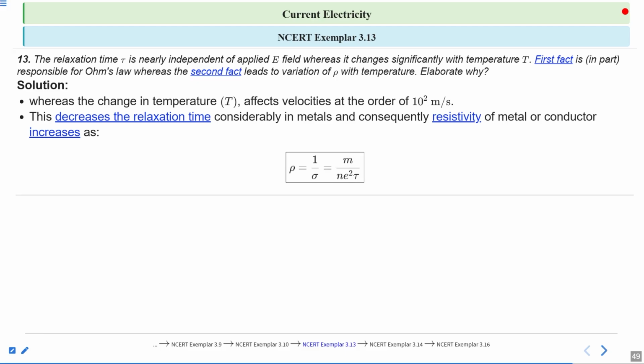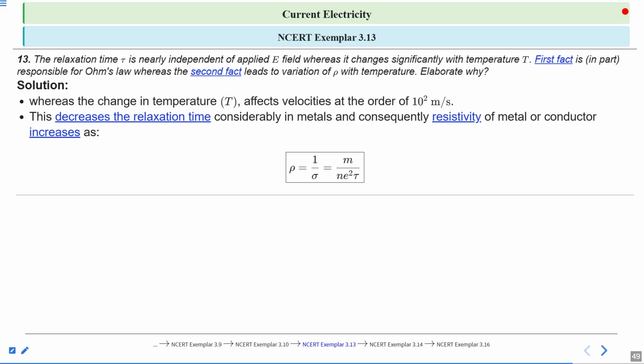Resistivity is equal to 1 by conductivity, 1 by sigma, where sigma equals n e square tau upon m. The mass of the electron is constant, the number density is nearly constant, the charge on the electron is constant, and if the relaxation time is decreasing due to increasing temperature, then the resistivity will increase.